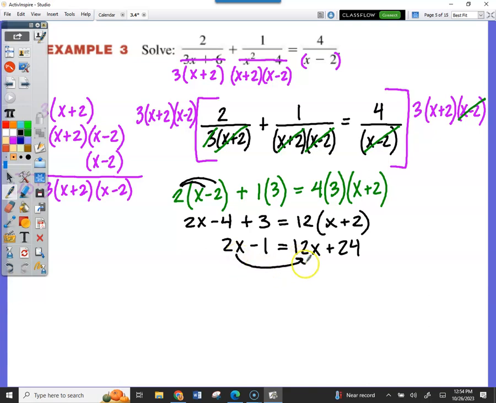Then I'm going to take that one over there, and that one here. 25 over 10 is actually what? 2.5. Y'all see how I got it?